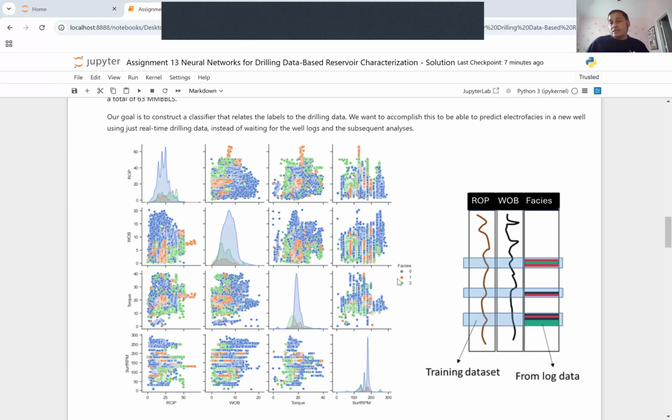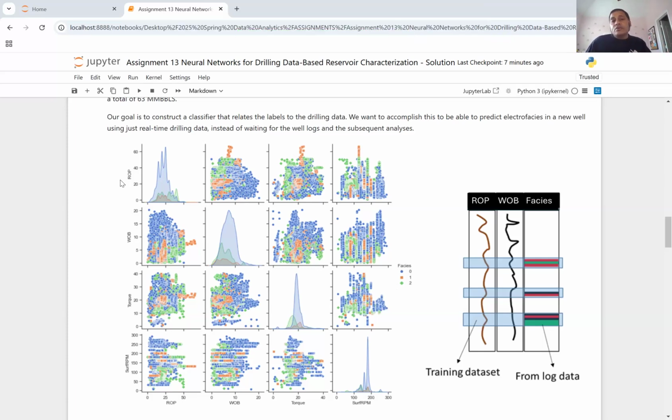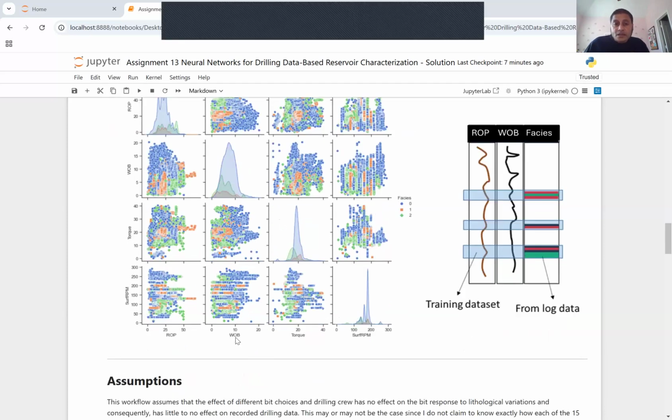There are blue points, there are the orange points, and there are the green points. And we want to take this information and essentially construct a classifier that relates these facies to the input features ROP, weight on bit, torque, RPM, equivalent circulating density, downhole pressure, and things like that. So that's the problem that we're facing. So it's a supervised classification problem.